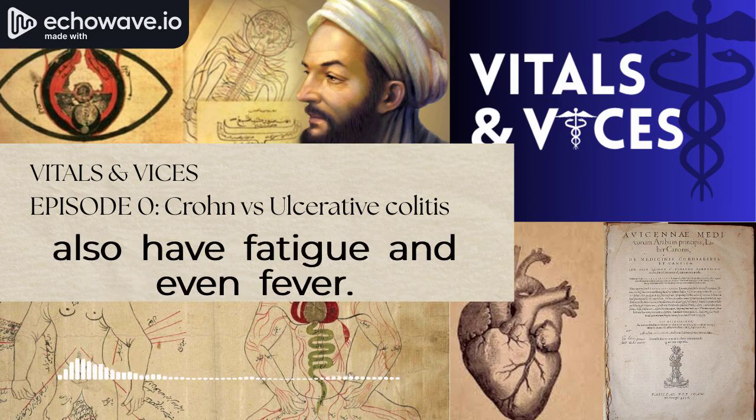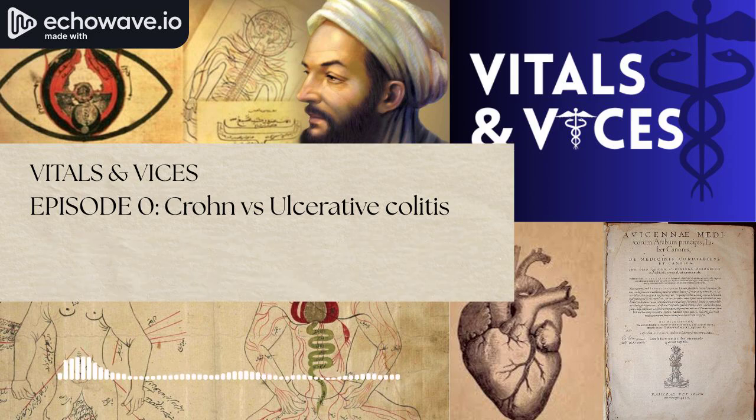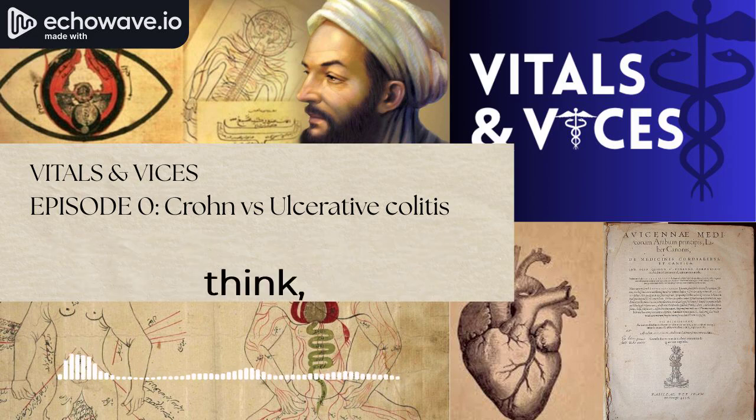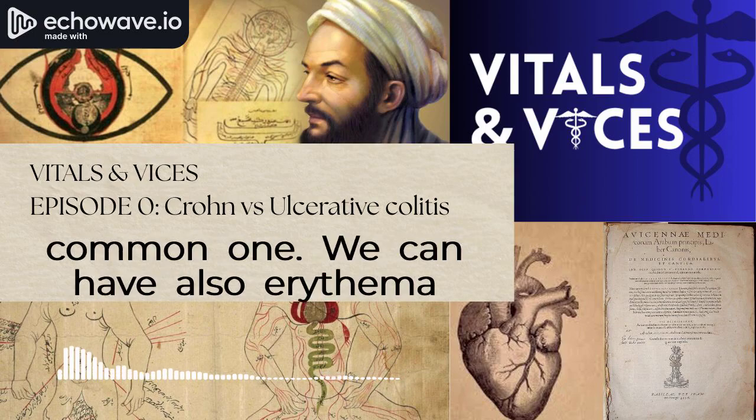We can also have fatigue and even fever. A third point is that we can have extraintestinal manifestations. So UC can come with, primarily, we should think, sclerosing cholangitis, which is a really common one.